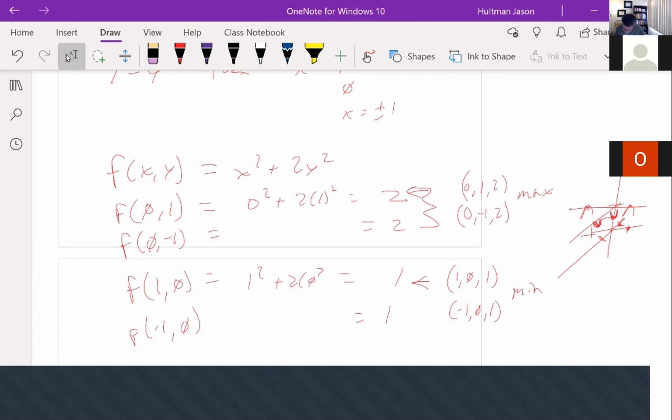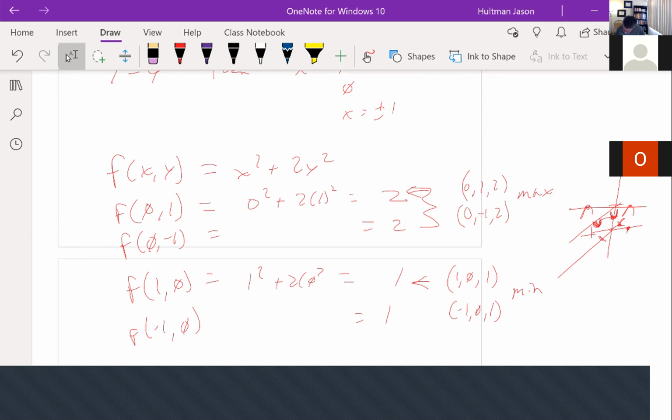Can I do f of x, y? It's going to let me do this. f of x comma y. Where's the comma? There it is. x, y equals. Is there an equals on my keyboard? Equals.